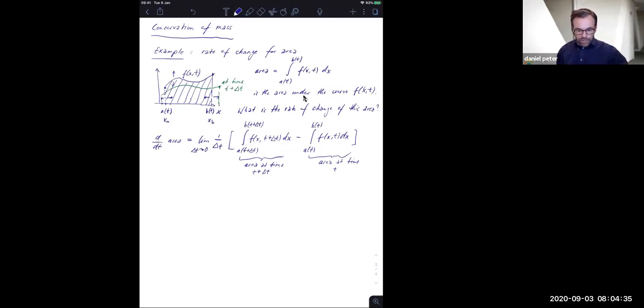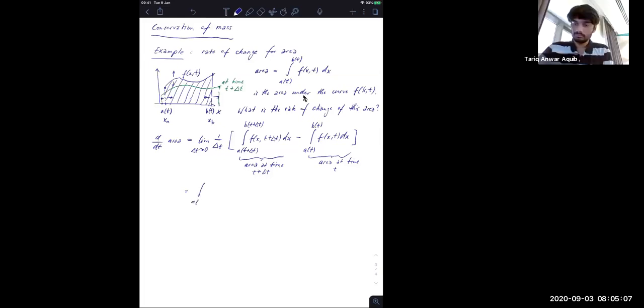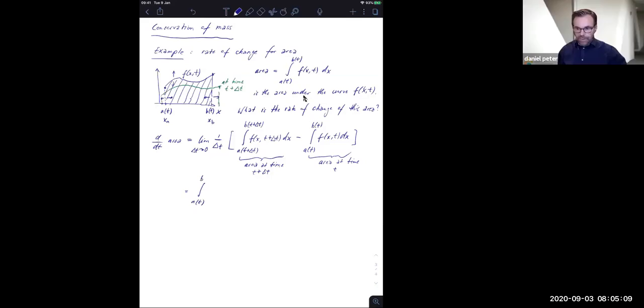So what we can do is say, let's keep the boundaries fixed and look at the rate of change of the area for that integral, and then look at the parts where we now allow the boundaries to change. So split it into these parts. So we say, okay, let's keep the positions A and B fixed at the moment.